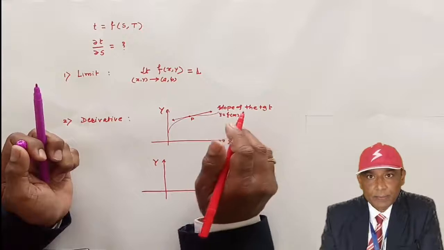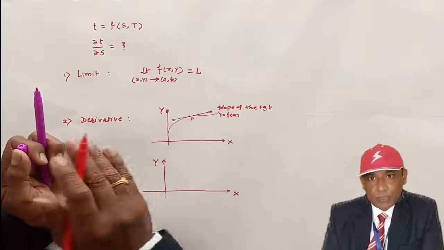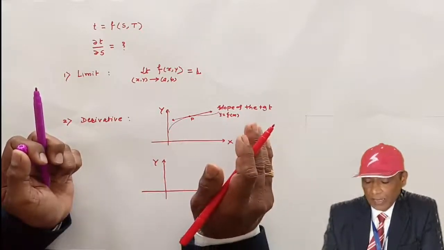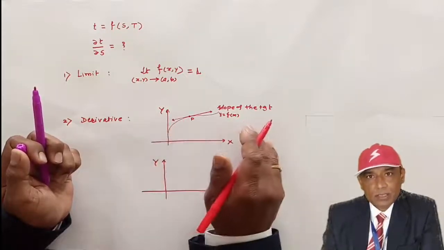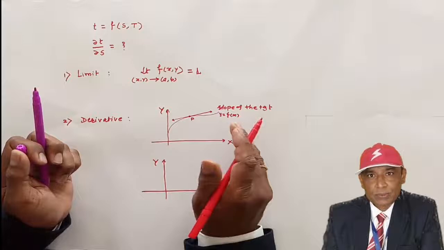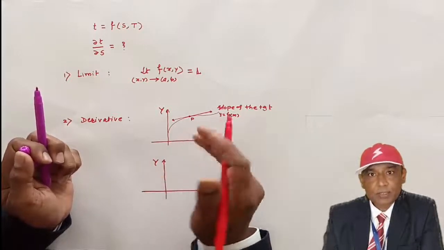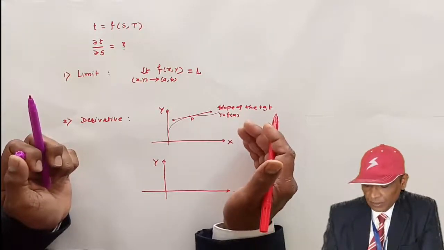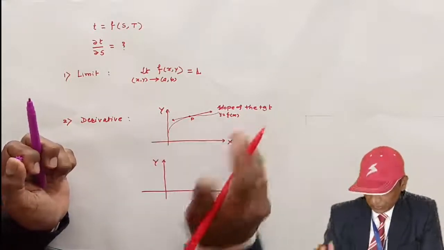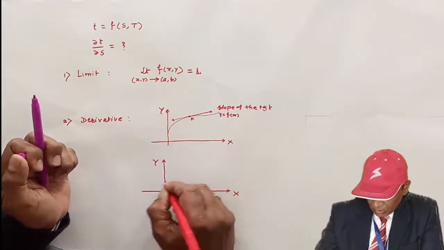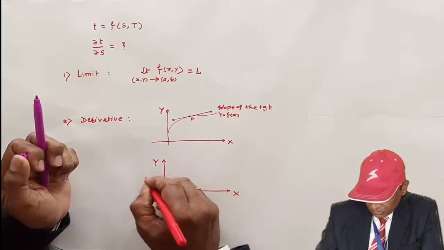In a horizontal line, y remains constant and x is varied. When y is constant, and you know that the derivative of a constant is 0, the slope of the tangent of a horizontal line is 0. Now, this curve I am going to draw, this one.